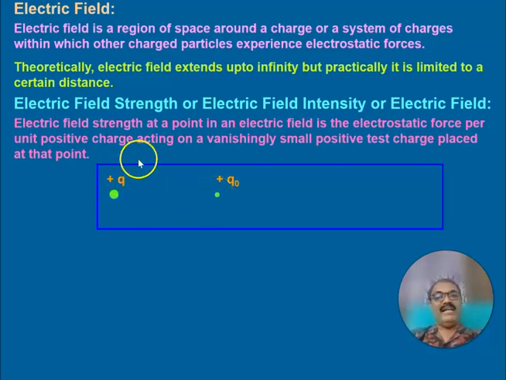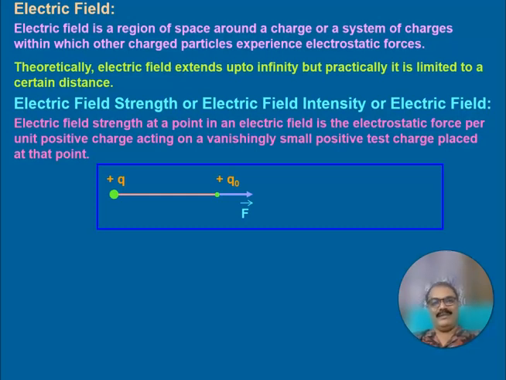Finally, this is what is happening in this system. One is fixed, the other one is freely placed. Because of the electrostatic force, it will get repelled and move away. If you throw a ball, the ball will come down. Why?